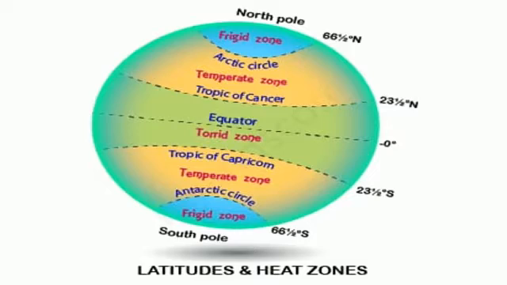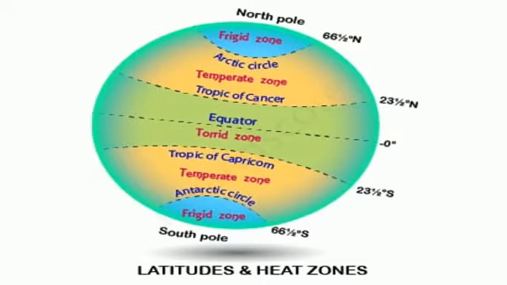Now let's talk about the different heat zones of the earth. Students, as we move away from the equator towards the pole, the climate differs, as the climate is not the same all over the earth. The climate changes from hot to warm, warm to cool and cool to cold in both hemispheres. As we all know, the equator divides the earth into two hemispheres. The upper one is the northern hemisphere and the lower one is the southern hemisphere.